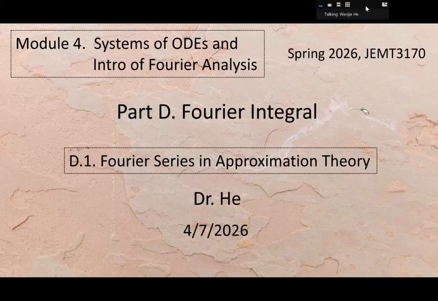Now, because a Fourier series is an infinite series, there is an approximation issue. When you solve real world problems, you cannot use infinite terms, right? You have to use finite terms.